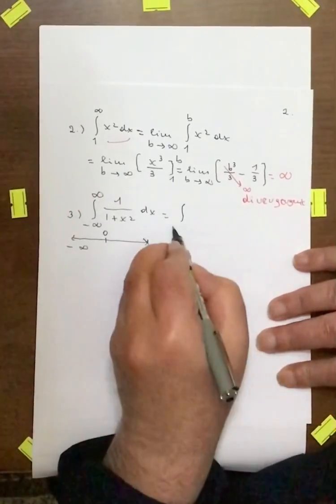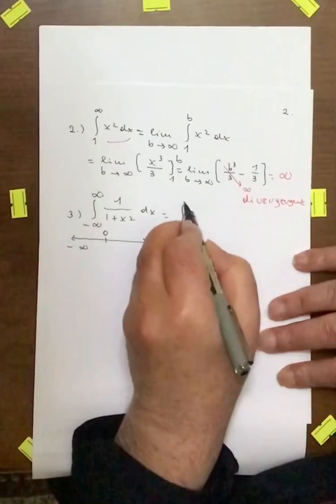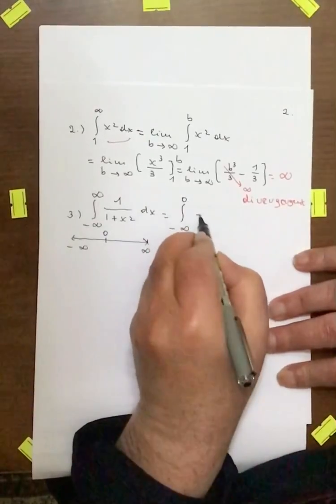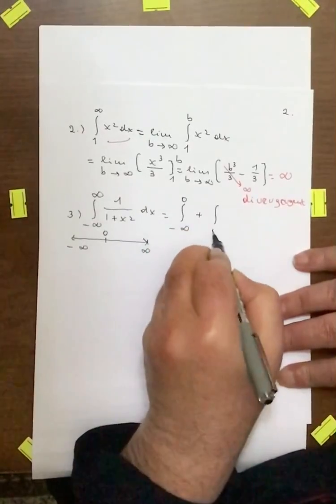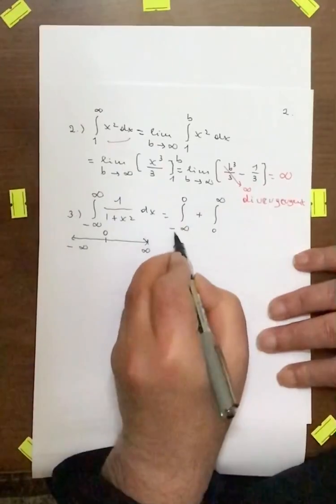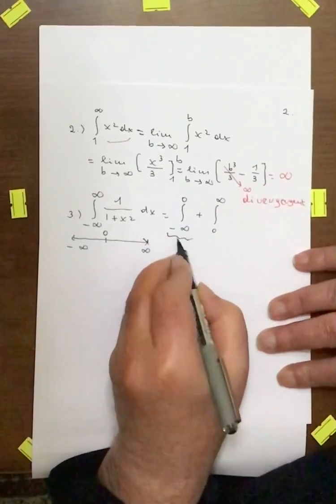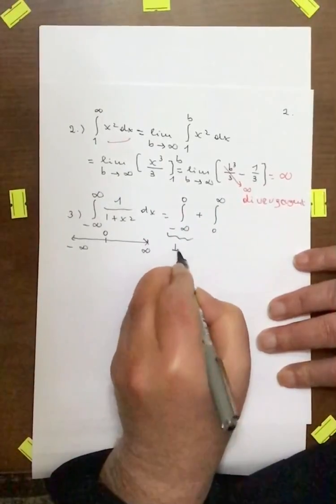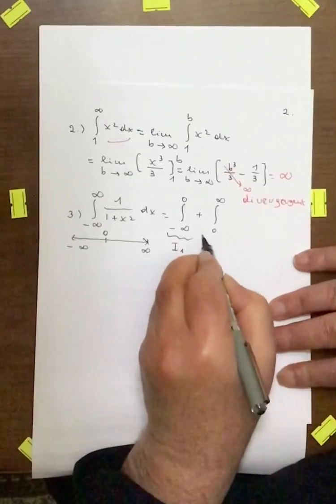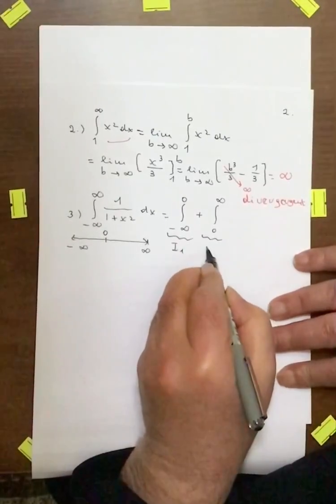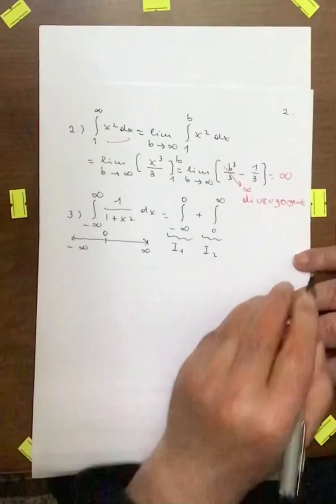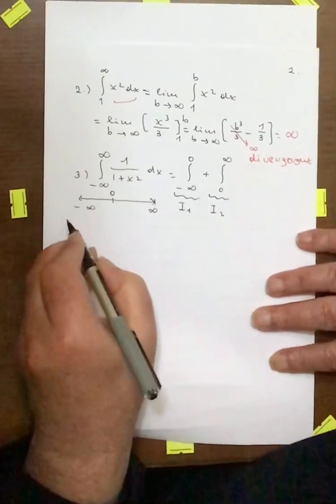Our integral is minus infinity to 0 plus 0 to infinity. Let's call the first one I1 and the second part I2. What is I1?